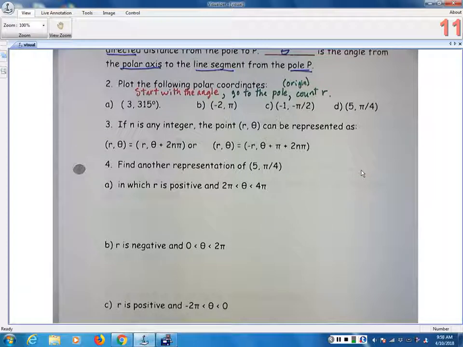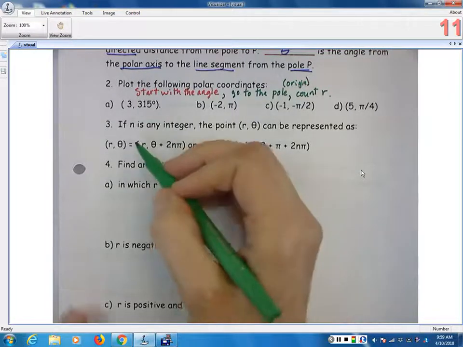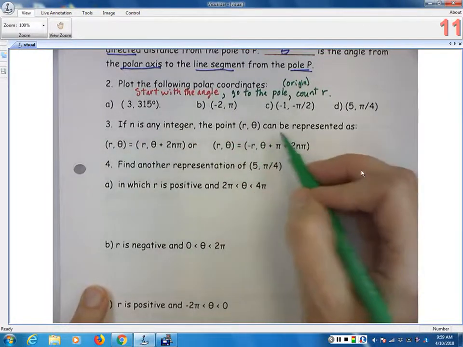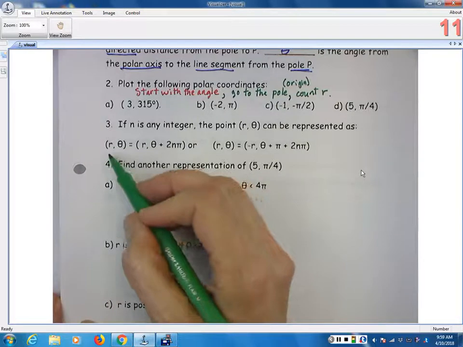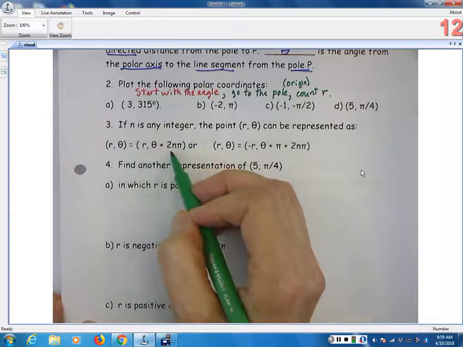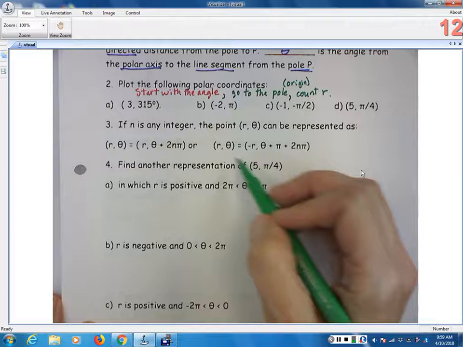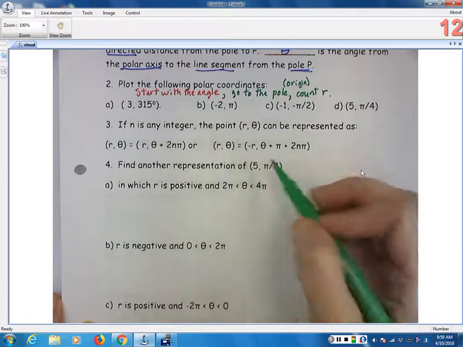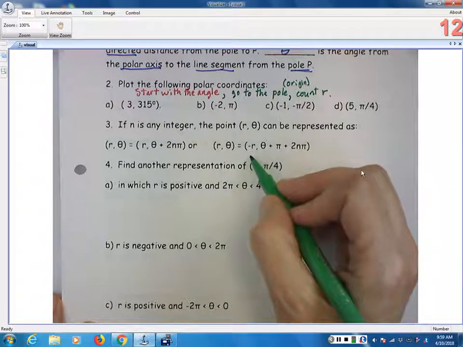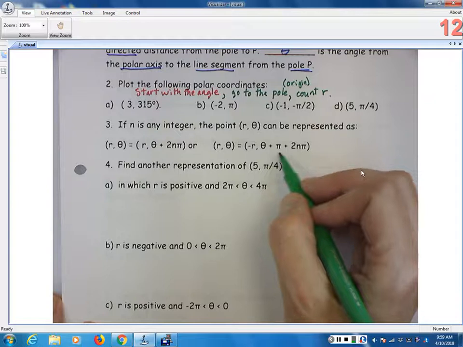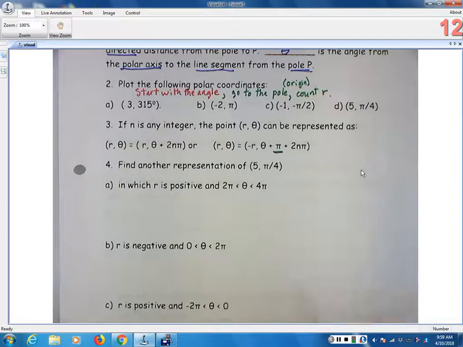Okay? All right, if n is any integer, then the point (r, theta) can be represented as (r, theta plus 2n pi), or (r, theta) can be represented as (negative r, theta plus pi plus 2n pi).